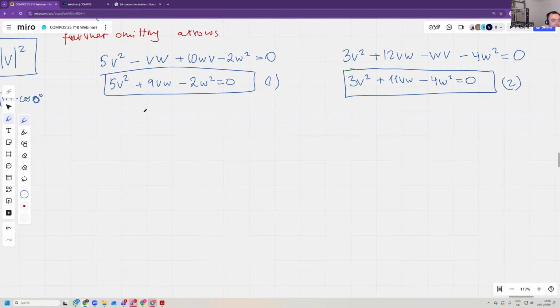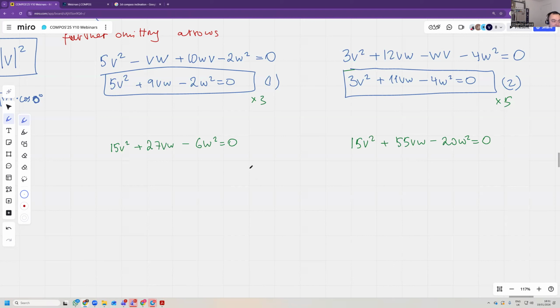However, moving on, we can multiply this by 3 and this by 5 to eliminate v. Then we have 15v squared plus 27vw minus 6w squared equals 0. Here we have 15v squared plus 55vw minus 20w squared equals 0.